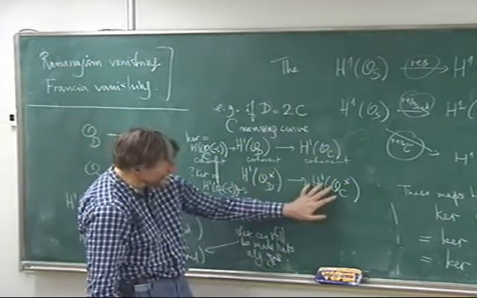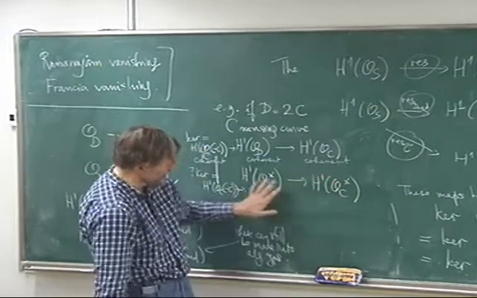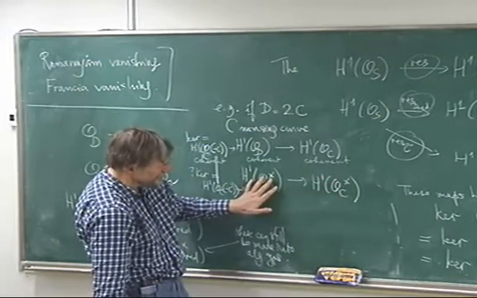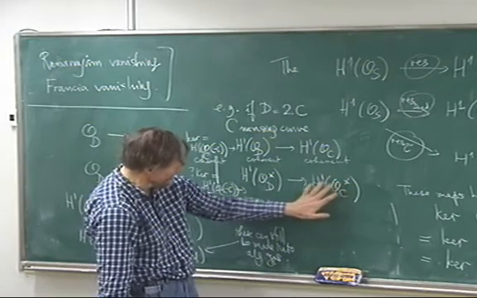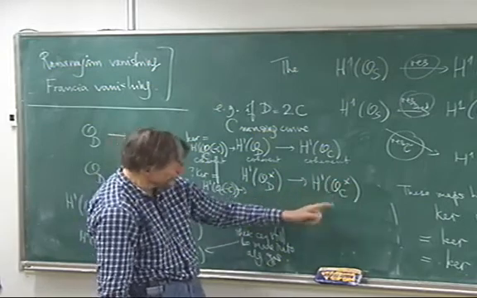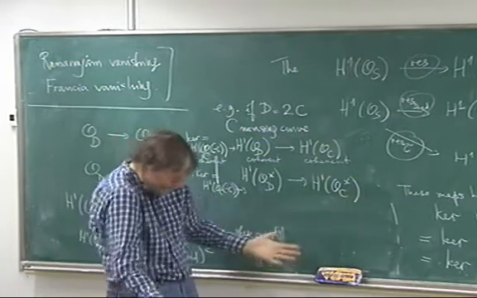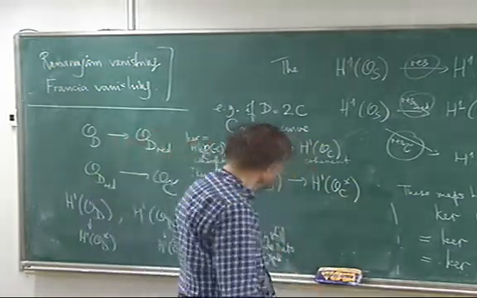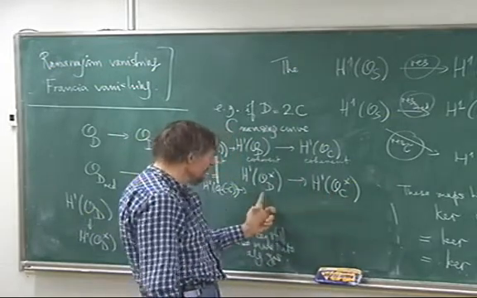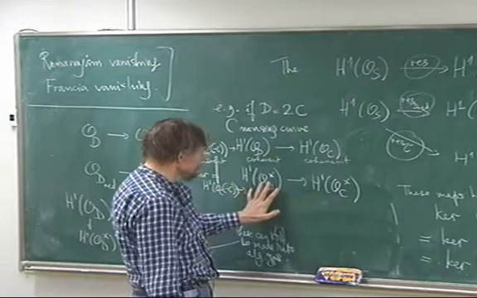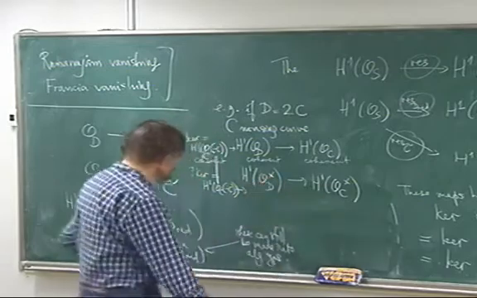So this group here is not a coherent cohomology group. It doesn't matter whether we're in the Zariski topology or the analytic topology. This sheaf here, the multiplicative sheaf, is certainly not a coherent OS module. So there's no reason at all why either of these groups should be coherent.